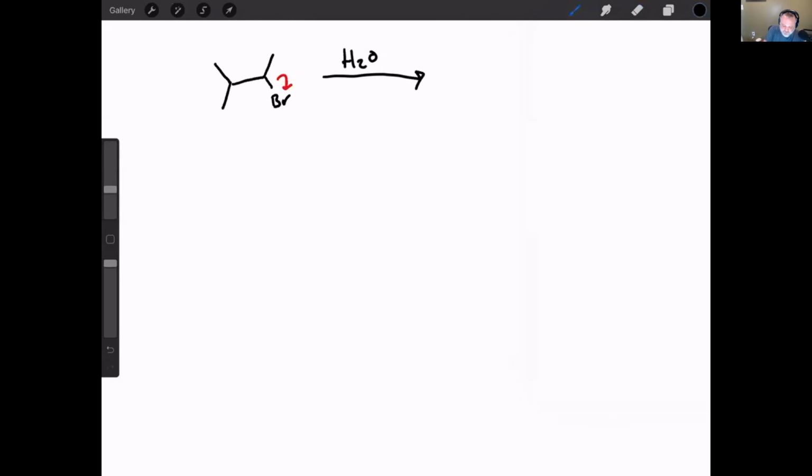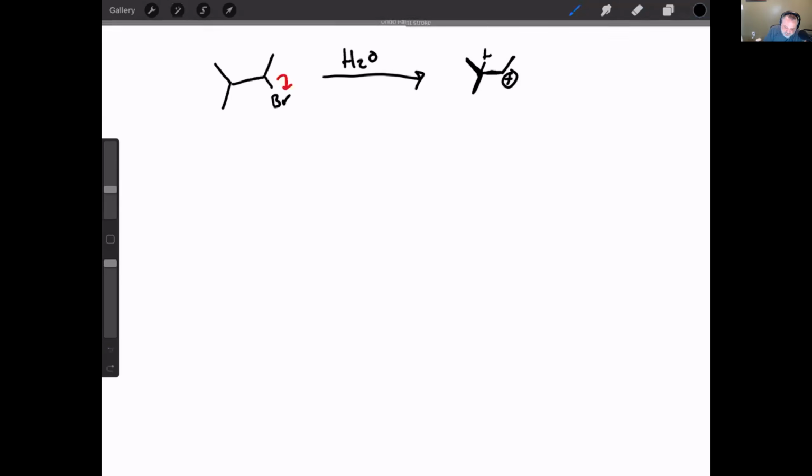So if I lose this bromine and I form a carbocation, and in this case, this is the first time I've shown it, this is a secondary carbocation. But we know that secondary carbocations are not the most stable, and that we have to think about the possibility of rearrangements when I have carbocations that are not necessarily the most stable.